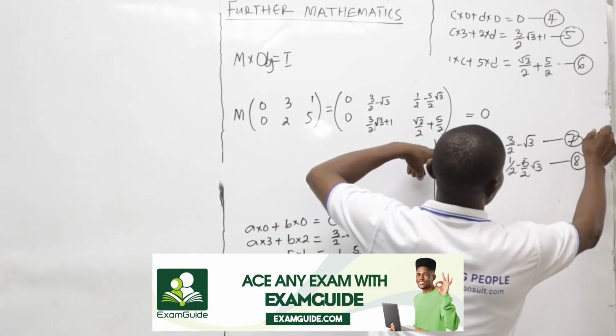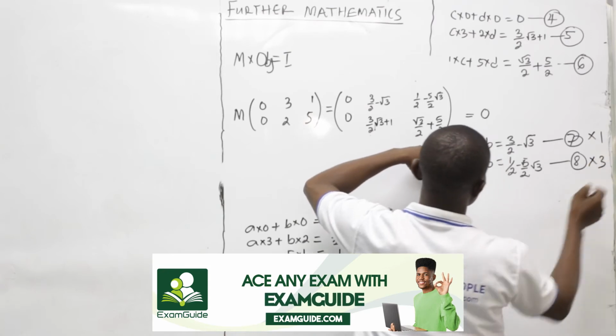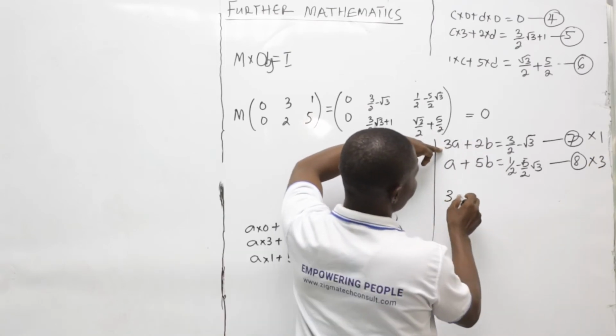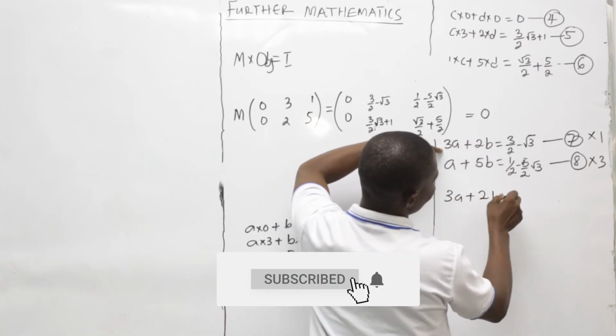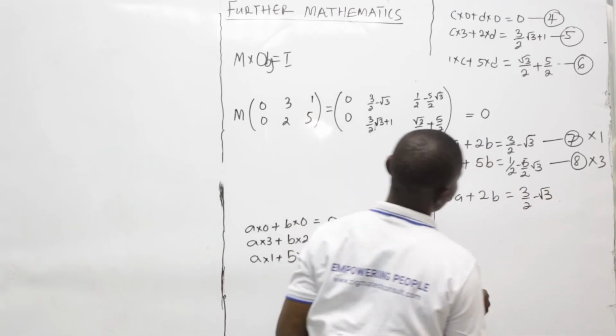Equation 7 multiplied by the coefficient of A, which is 1. Equation 8 multiplied by the coefficient of A, which is 3. We're going to have 3A plus 2B equals 3 all over 2 minus root 3.